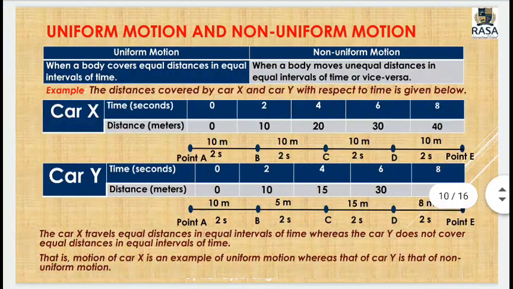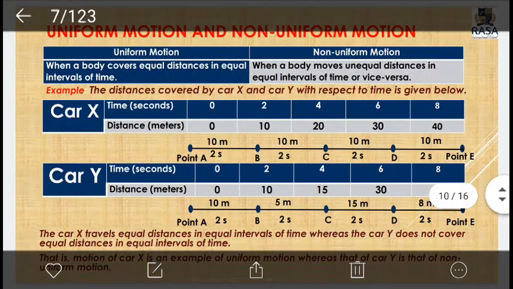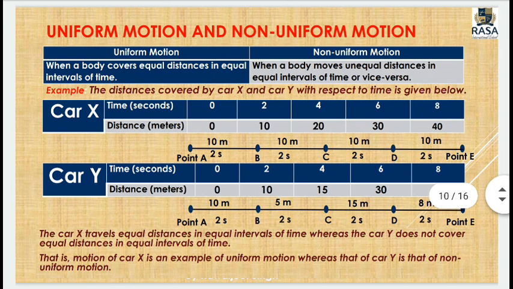That means the distance traveled in equal time is equal. So car X is an example of uniform motion, whereas in car Y, in each second the distance traveled is not equal. So it is an example of non-uniform motion.